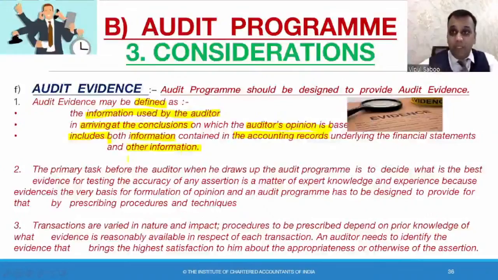Please read with me the next 2 points. The primary task before the auditor when he draws up the audit program. So an auditor is drawing up an audit program. What is the primary task for him? The prioritized task for him is to decide what is the best evidence for testing the accuracy of any assertion.